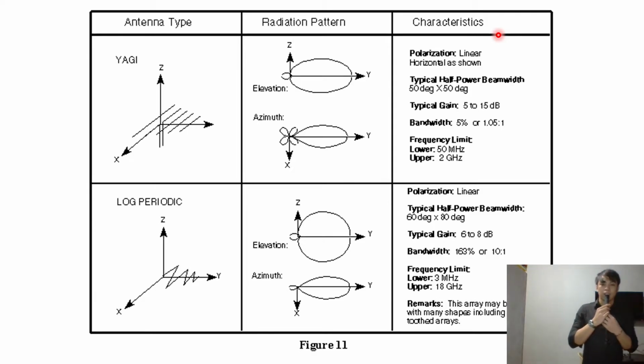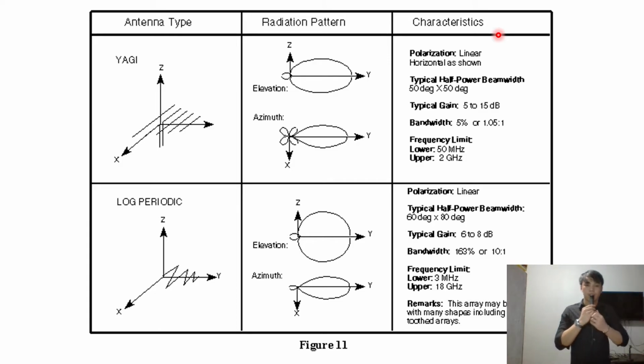So the characteristics of a log periodic antenna: its polarization is also linear, the typical half power beamwidth is 60 degrees by 80 degrees, and its typical gain is 6 to 8 decibels.